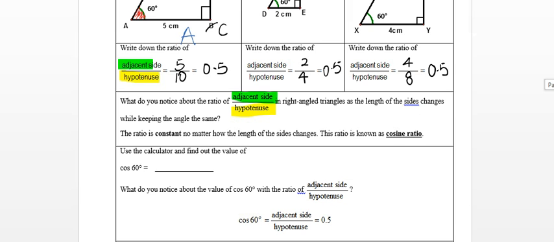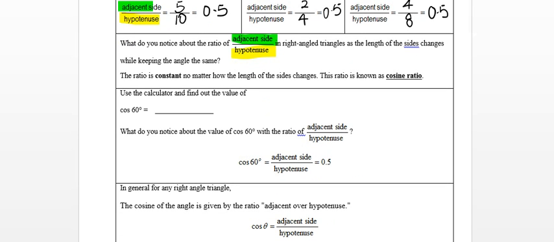Use your calculator to find the value of cosine 60. Are you able to find the COS button on your calculator? Type in cos 60 and you will get the value 0.5. What do you notice about the value of cosine 60 compared with the ratio of adjacent over hypotenuse?